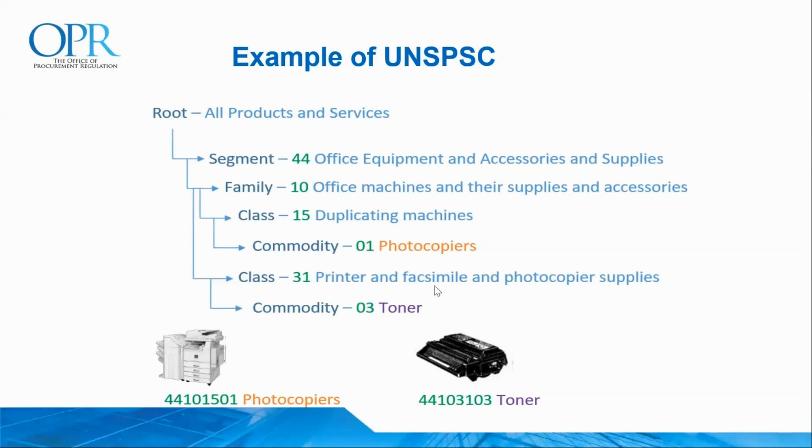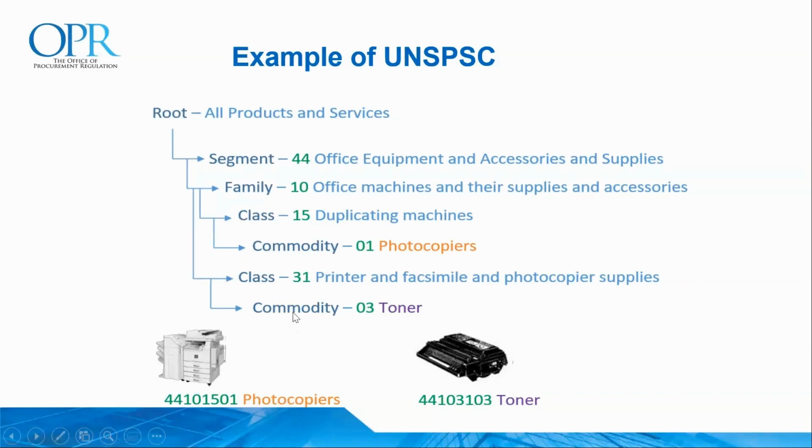Let's illustrate another example of the code, but in this case, we have 2 similar products which belong to the same segment and family, but differ in their class and commodity codes. If we look at the photocopiers, we notice that the photocopier code begins with 4410, meaning that it belongs to the same segment and family as the toner 4410. Both belong to the same segment and family.